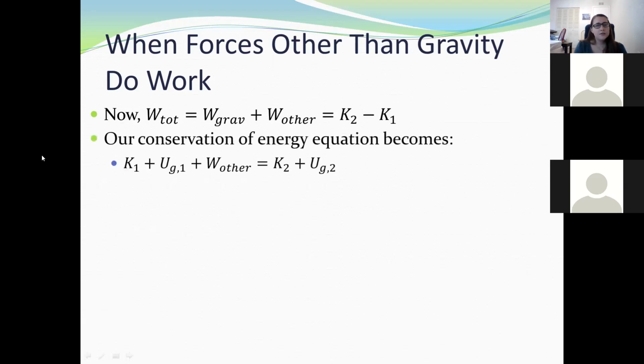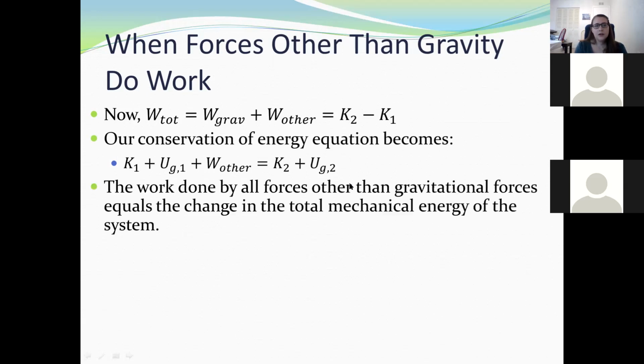So our conservation of energy equation becomes K1 plus potential energy 1 plus the work done by our other forces equals K2 plus UG2. So the work done by all of our forces other than gravitational forces equals the change in the total mechanical energy of the system.